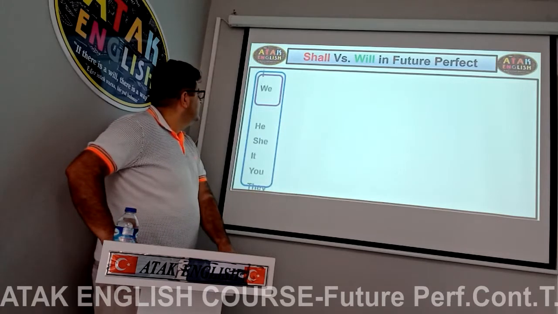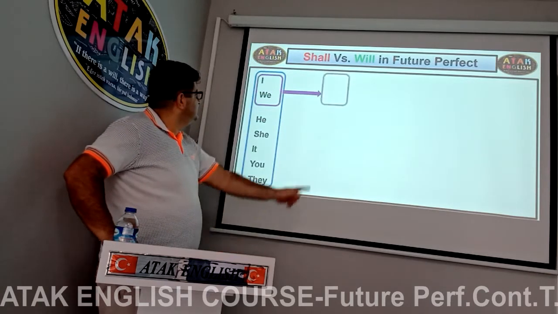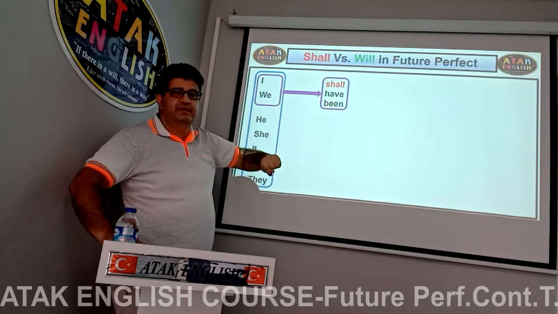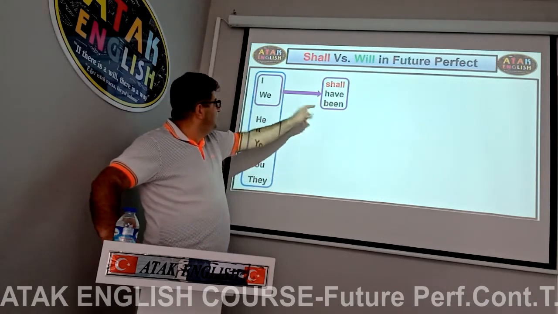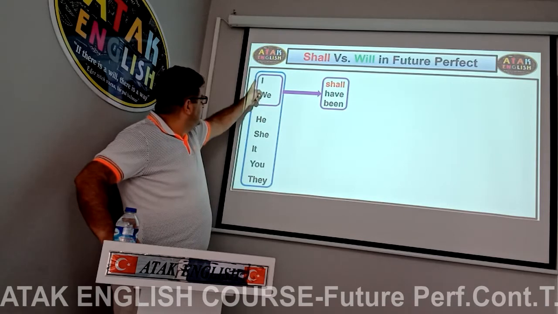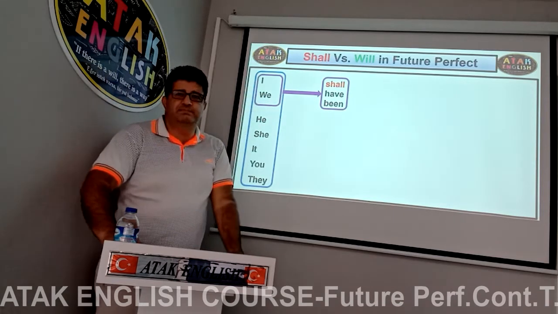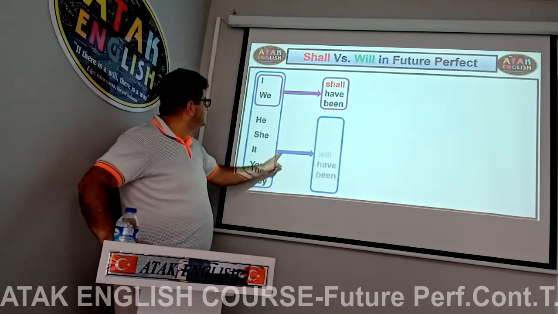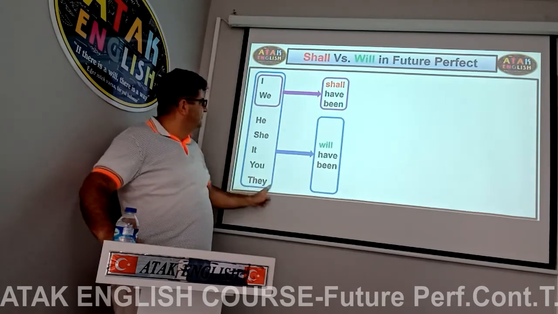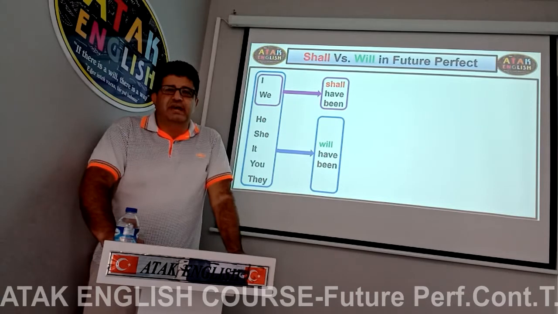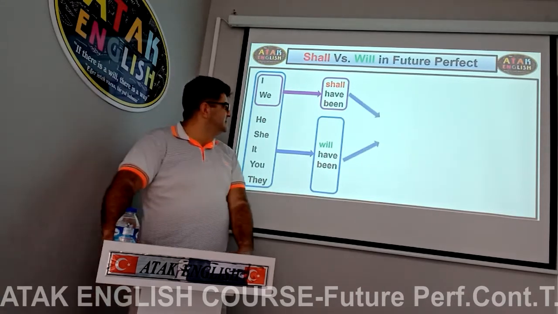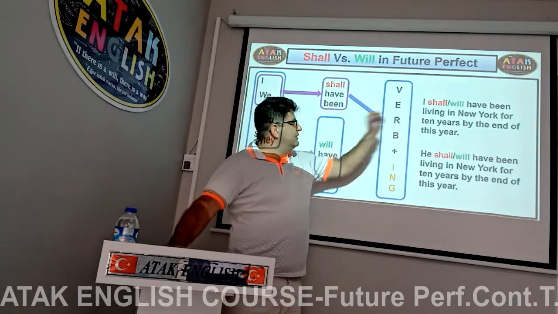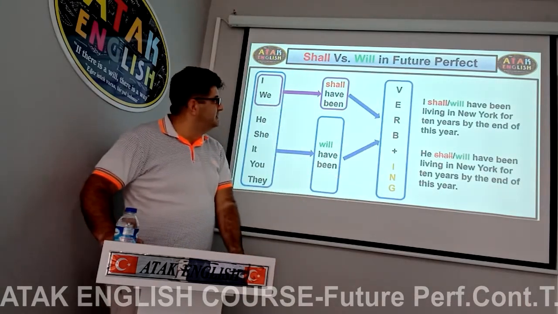I can use shall, in this case future perfect continuous, shall have been with I and we subjective pronouns, and will, as you can see, for all of the subjects, plus verb-ing.